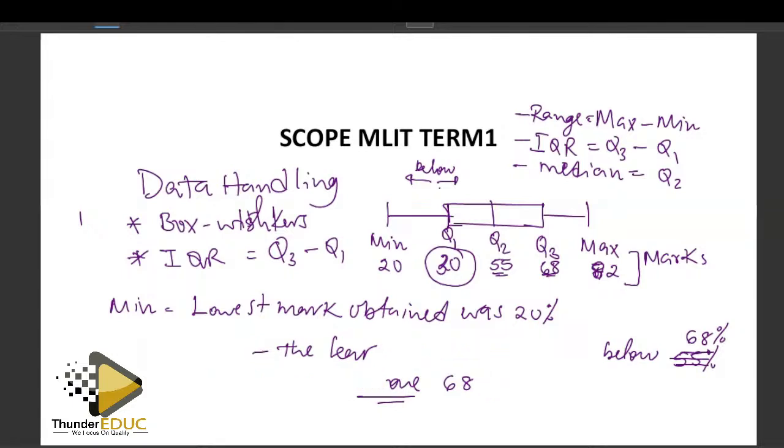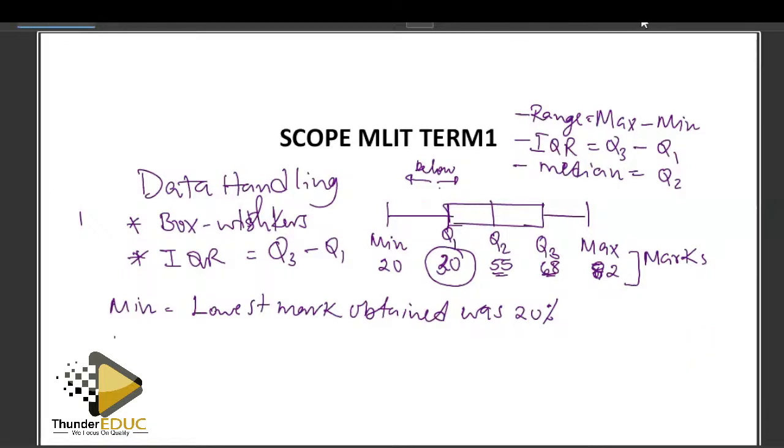So here we shall say, the maximum value scored, the highest value is 82%. This is how we explained on the box and whiskers. As a learner, when you give a scope it is supposed to guide you on what you expect and what you ask yourself when you set the scope.